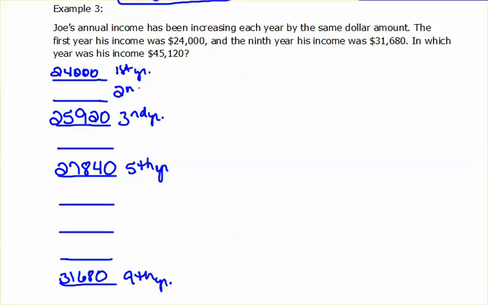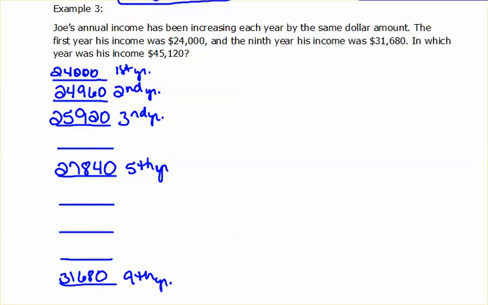And then we could do the exact same thing and figure out how much he's made the second year by adding those up and dividing by 2, which should give you 24,960.